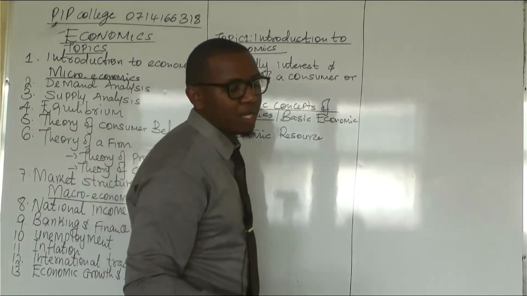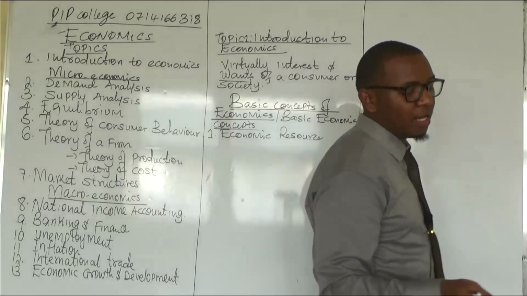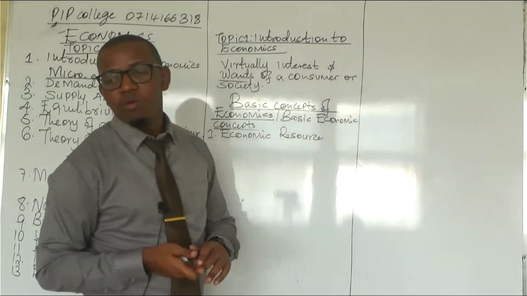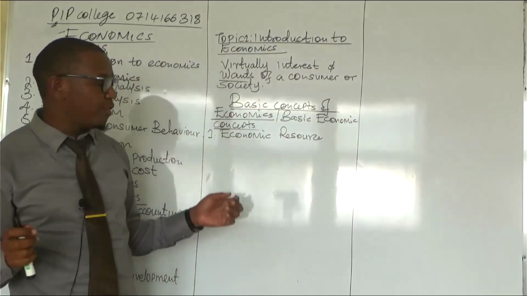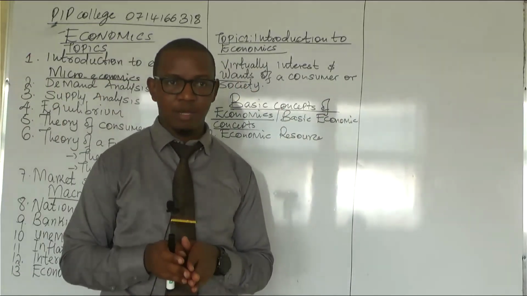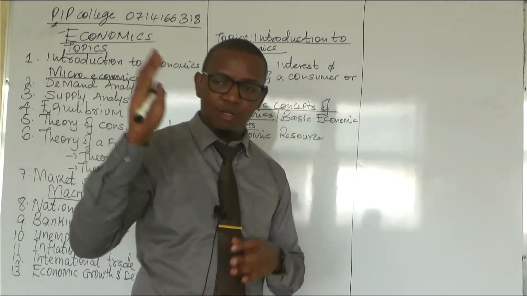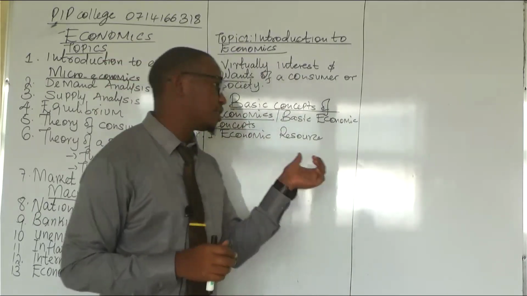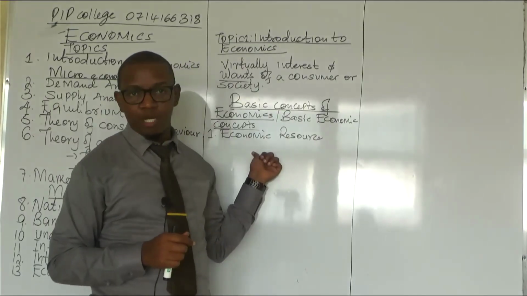An economic resource is basically the ingredients that are used in production. What is used in production of goods and services is what we call the economic resource.